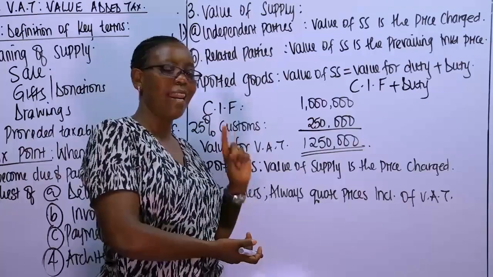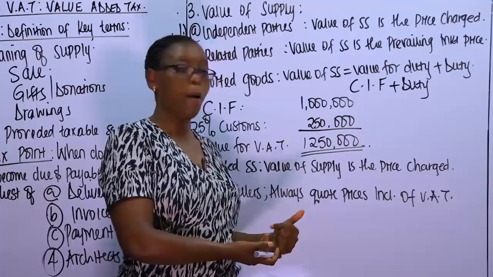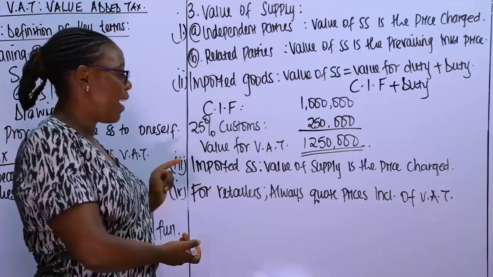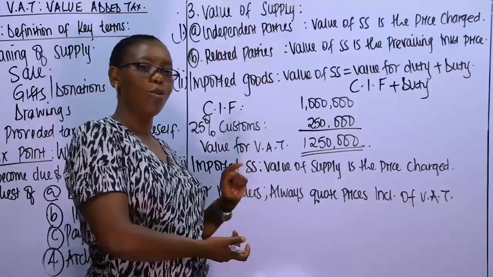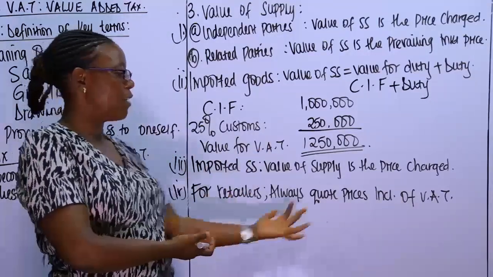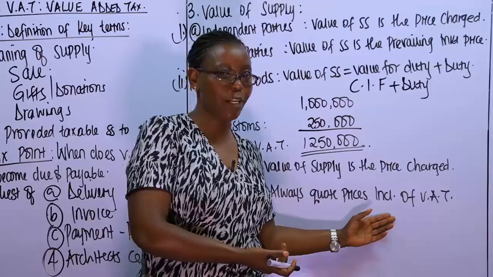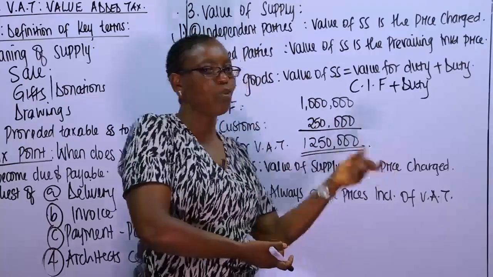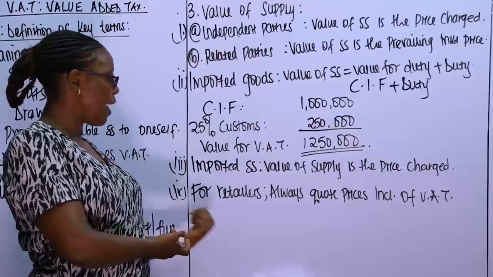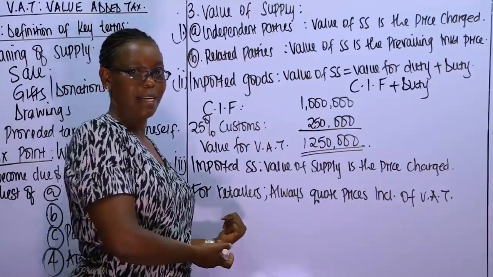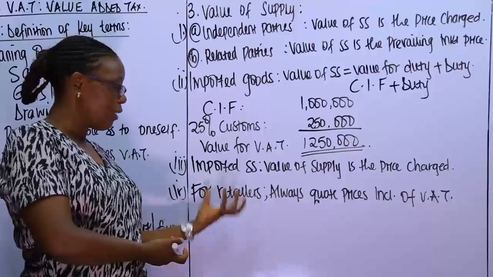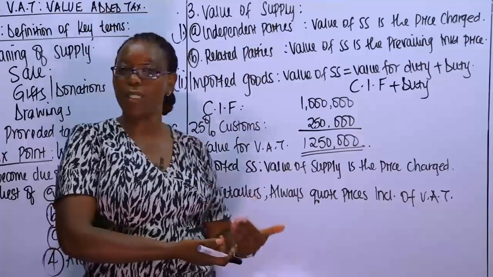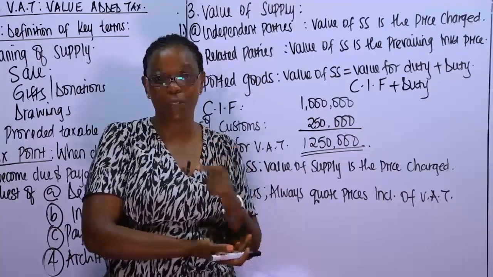The incidence lies with the final consumer. So therefore, since the incidence will lie with the final consumer, the price must be inclusive of VAT, so that the final consumer can pay VAT, get that VAT collected by the retailer, and then accounted for by the retailer and submitted to KRA. That is the importance of that.